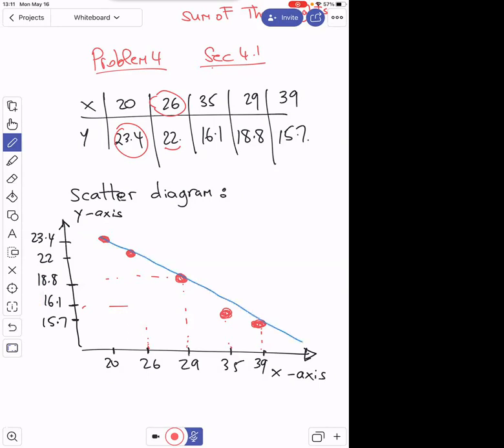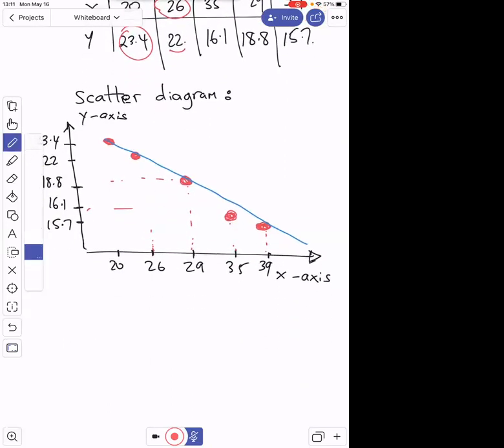And as you can see, it's a line which is going down, it's decreasing. So when the line is going down, would you estimate the correlation coefficient to be positive, close to 0, or negative? When it's going down, then your R is going to be negative, right?